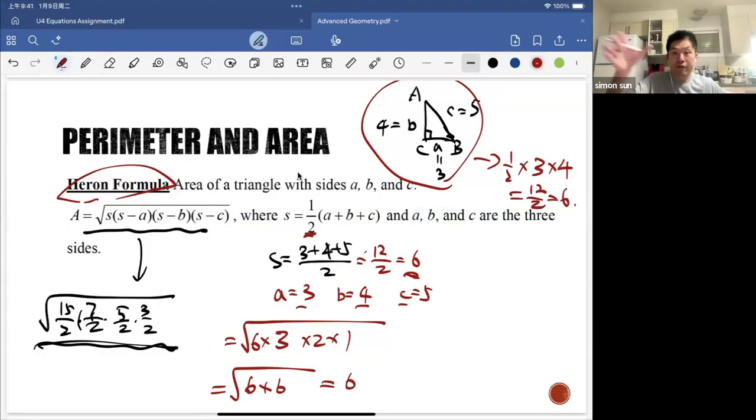Instead of 3, 4, and 5, I use 3, 4, and 6. Now it's not a right triangle, and it's hard to directly calculate the area. But in this case, you can still calculate the area. Any questions?